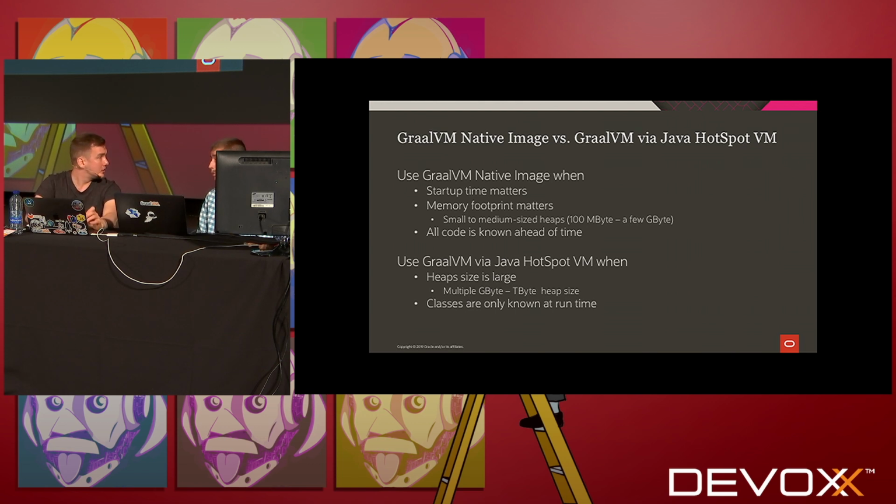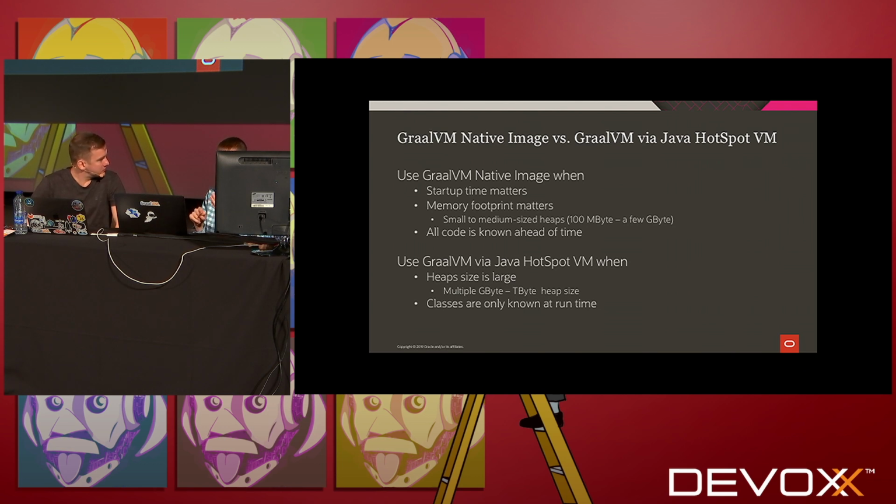One note on memory footprint maybe is that the memory footprint advantages come primarily from removing the memory needs for metadata, code cache, dynamic code cache, compiler data structures, and profiling data structures.